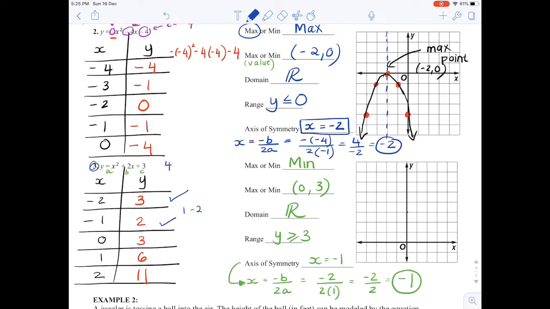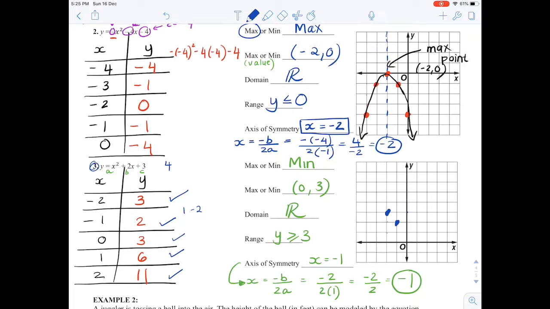That one's right. 0 is 3. 1 plus 2 is 3. 4 plus 4 is 8 plus 3. Okay, x is negative 2, y is positive 3. And x is negative 1, y is 2.